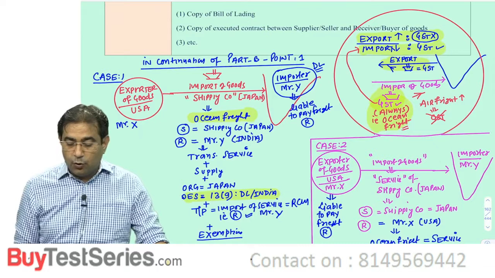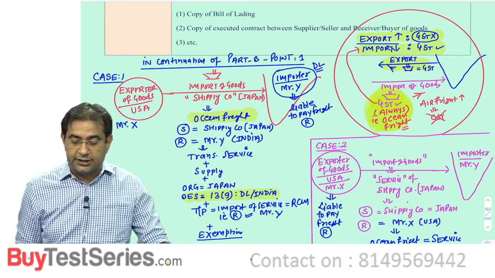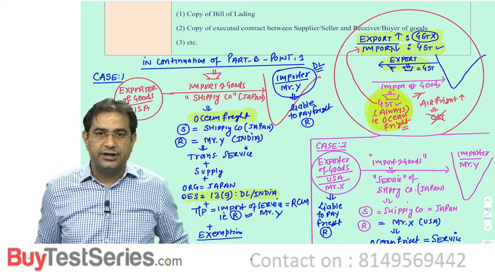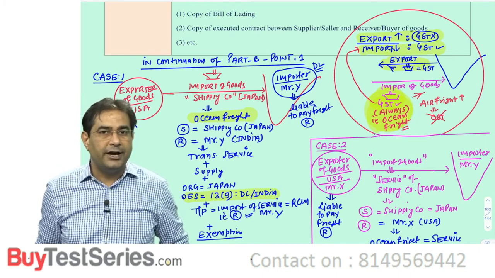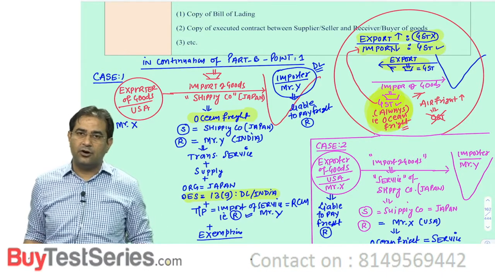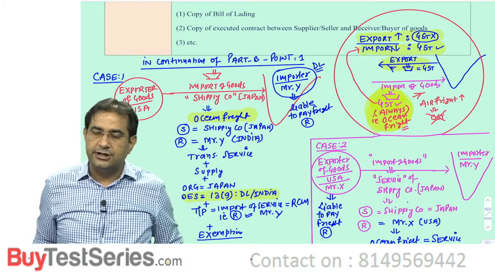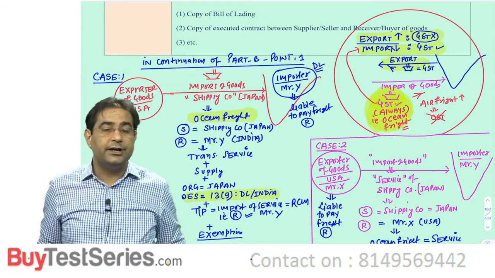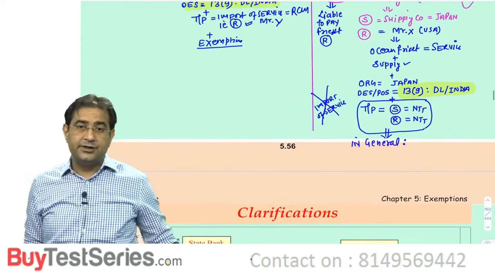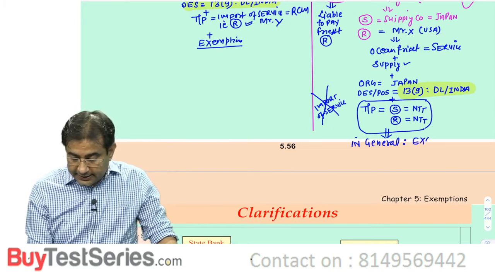The government's target was that ocean freight should always be liable to GST, to achieve its prime objective of decreasing the import of goods in India by making it more expensive by imposing GST thereon. So it's the firm determination of the government that it will always charge GST on ocean freight with respect to import of goods. But now this exemption will create disturbance in the government's target. In general, it is exempted.